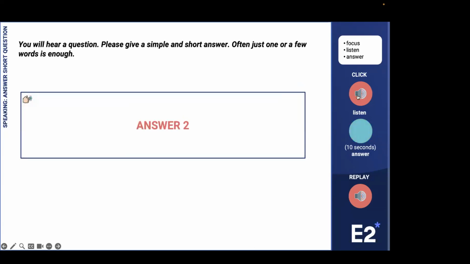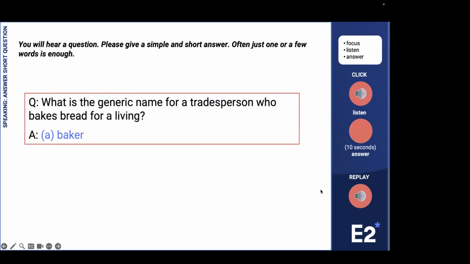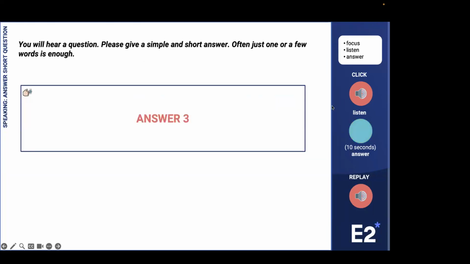Here's the next one. What is the generic name for a tradesperson who bakes bread for a living? Yep, our answer, we know it. Baker or a baker. What is the generic name for a tradesperson who bakes bread for a living? And the third one.